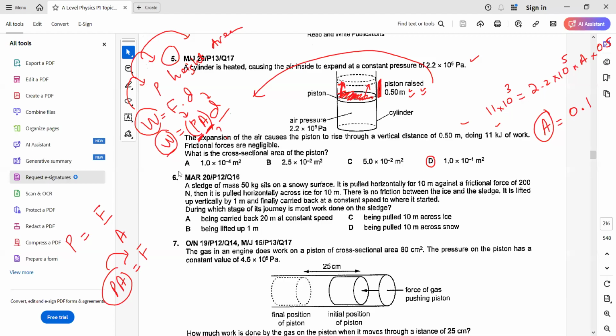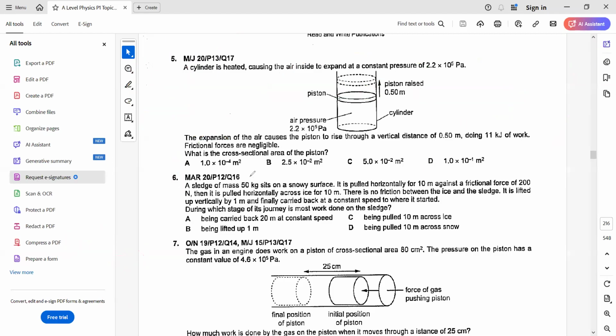Let's try question 6. It says a sledge of mass 50 kilograms sits on a snowy surface. It is pulled horizontally for 10 meters against a frictional force of 200 Newton. So on the snowy surface, there is a sledge and it is pulled horizontally and there is a frictional force.